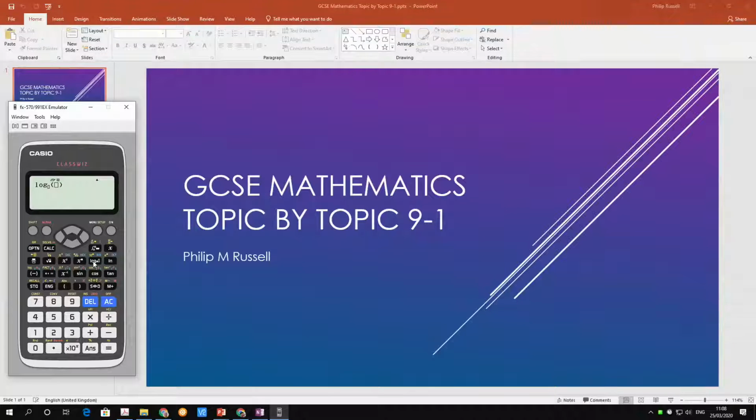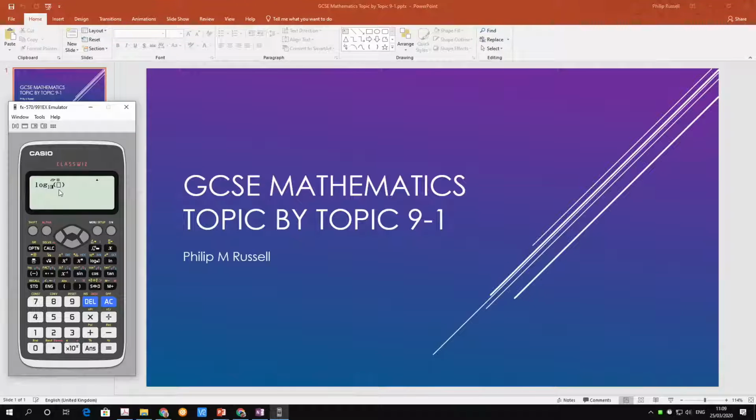So I'm going to take the log of a number, 2. And that's going to give me nothing because I pressed the wrong button. So we're going to go back. Here we go. Log, and here I've got to put in base 10. I forgot that.